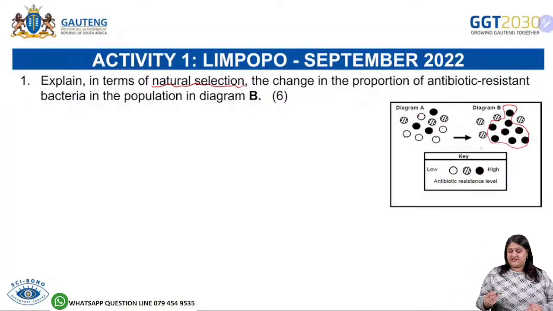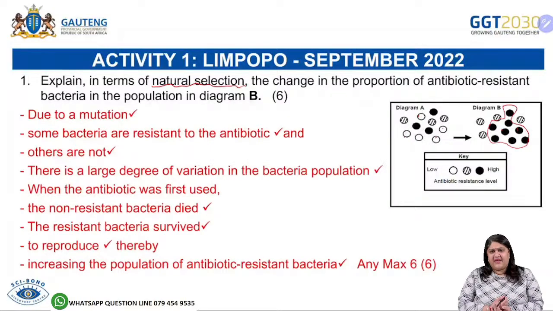Right, so how would you explain this? What does Darwin first say? Darwin first talks about the large variation, but before that, we can even start with this point over here. Let's go to this 4th point. There is a large degree of variation in the bacteria population. Some are resistant to the antibiotic, others are not. And this is usually due to a mutation.